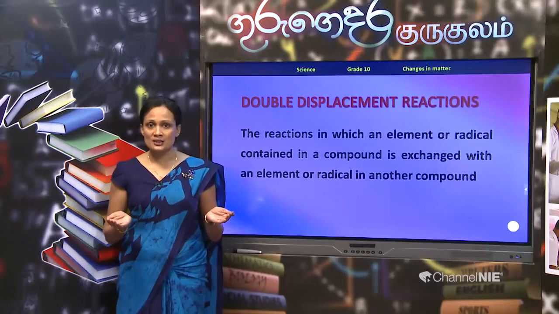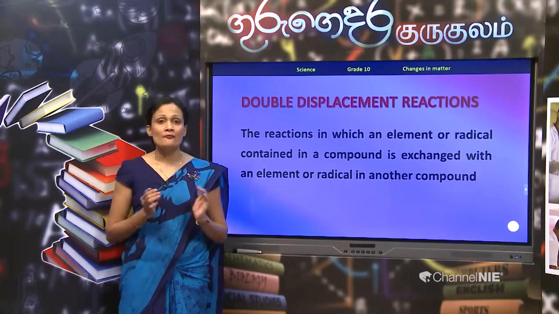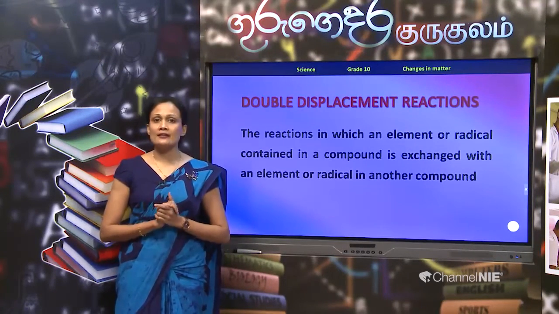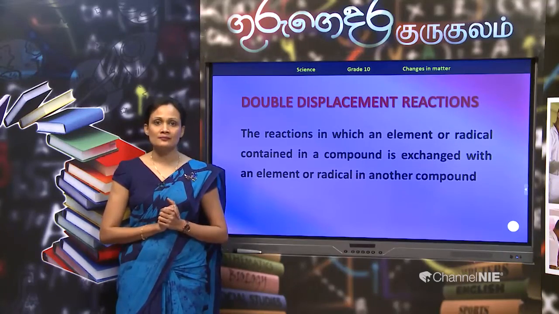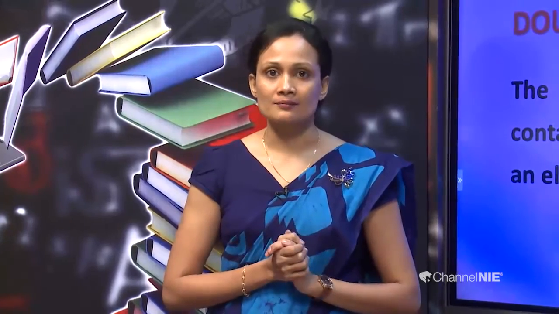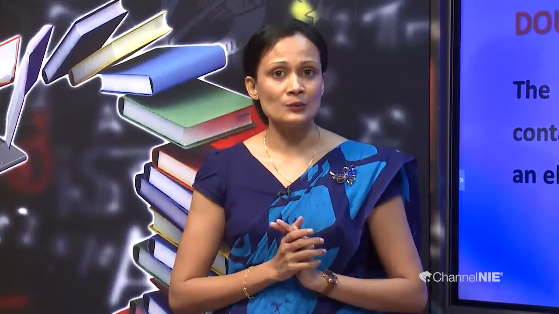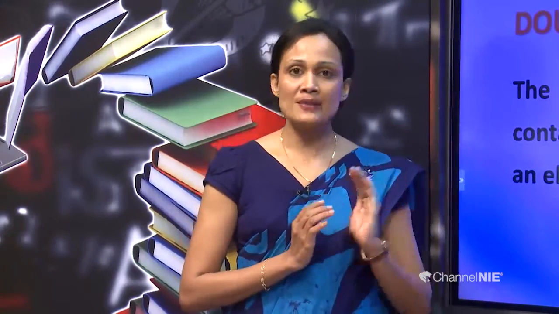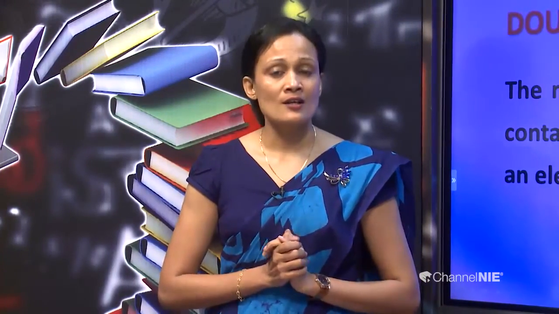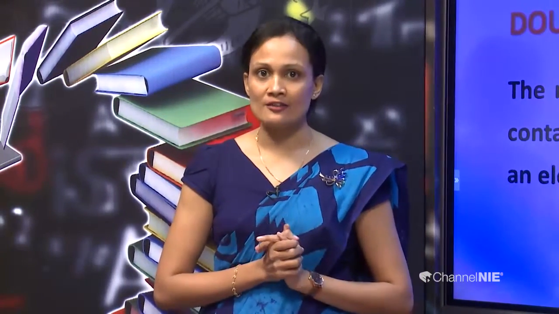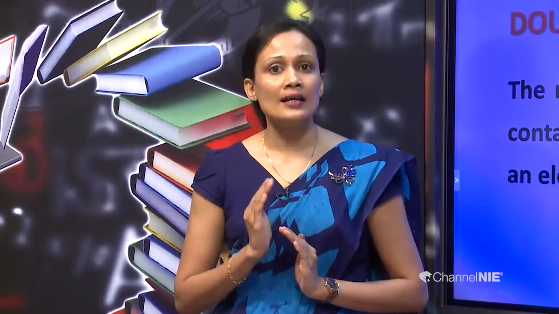Think about the experiment that we did where barium chloride reacted with sodium sulfate. In there you got other products. So here also a double displacement reaction occurs. I am going to explain that by using an example.